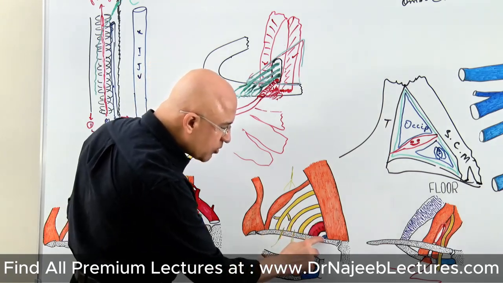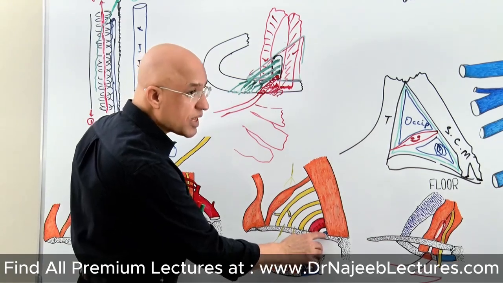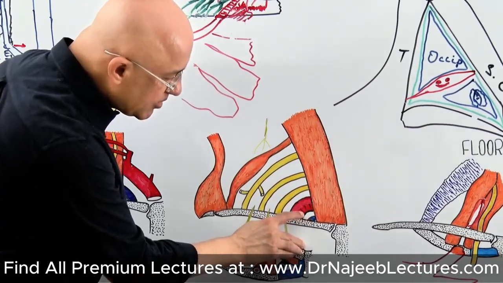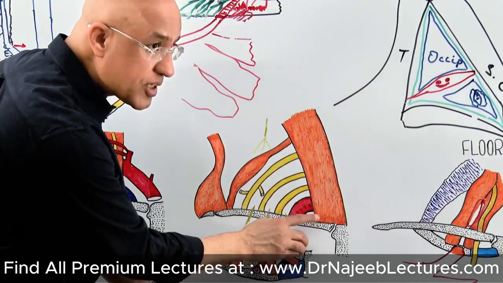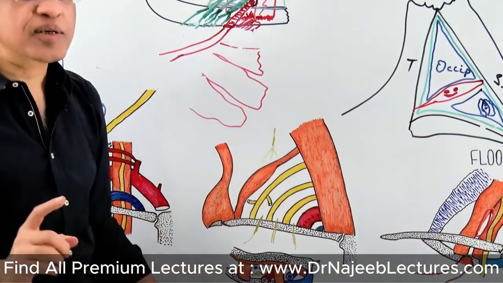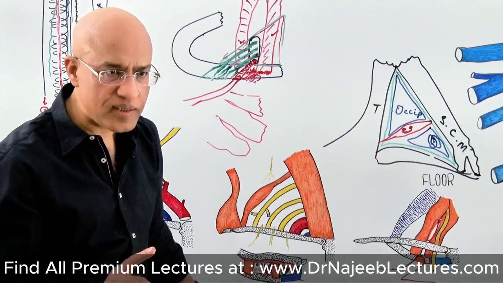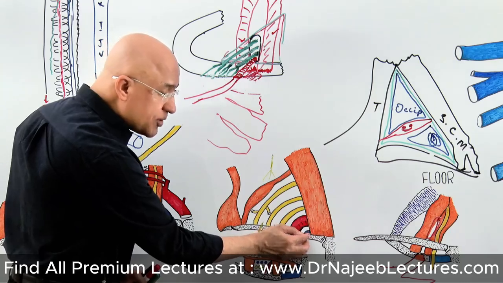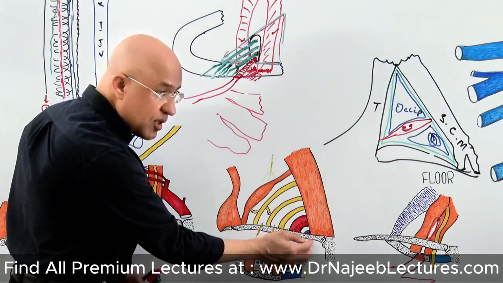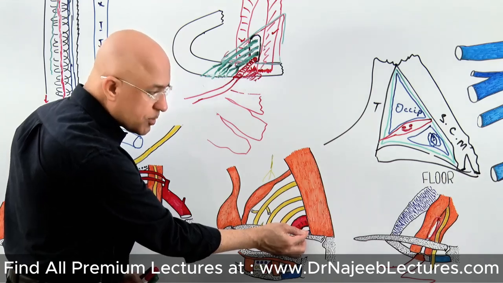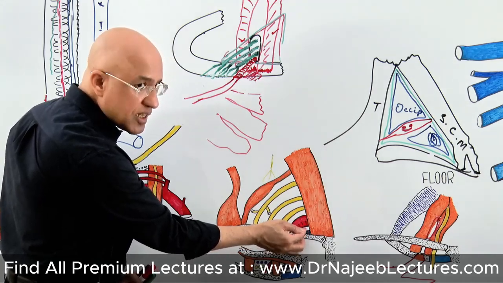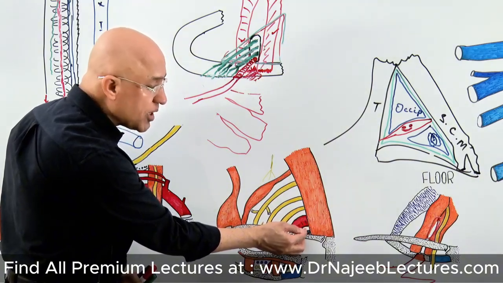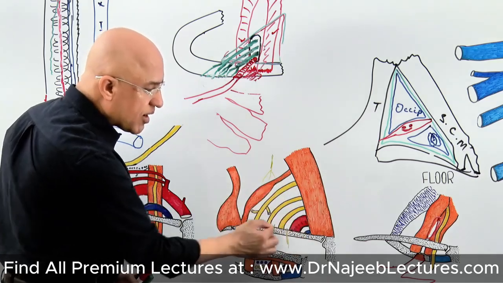But the subclavian vein may or may not be present in the triangle, because the subclavian vein is below the artery but separated from the artery by the scalenus anterior. If it is at a little inferior position, it will not be visible, but it varies from person to person, and if it is a little bit superior, then its edge or a part of this vein may be visible in the subclavian triangle.